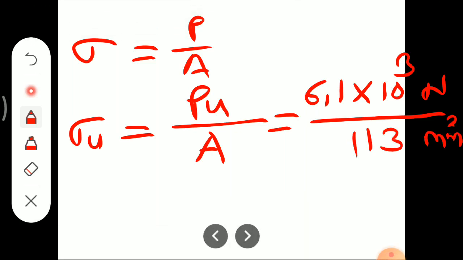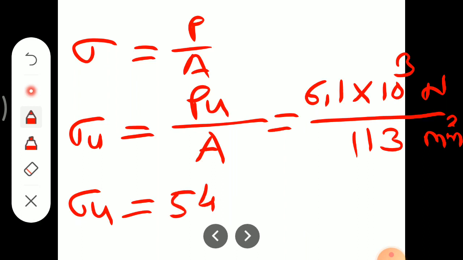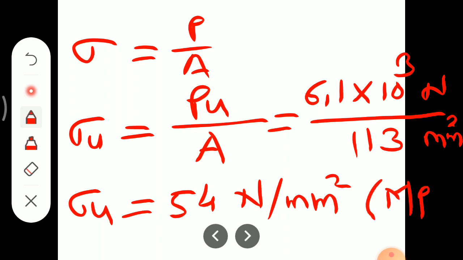Now calculate sigma u, and the final answer is 54 Newton per mm square, or you can call it MPa, megapascal.